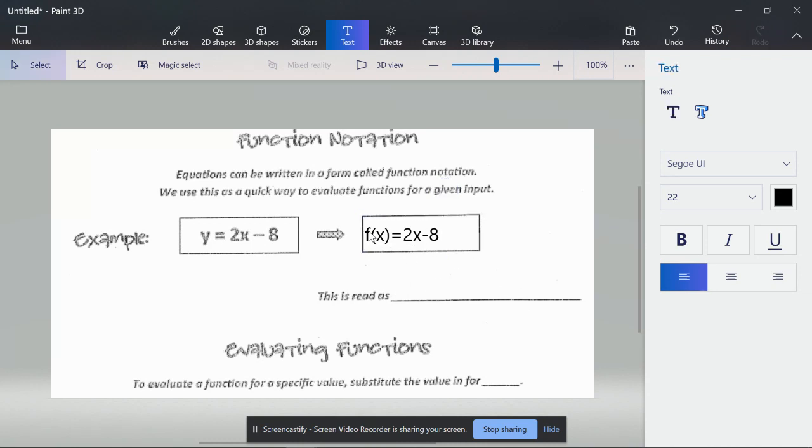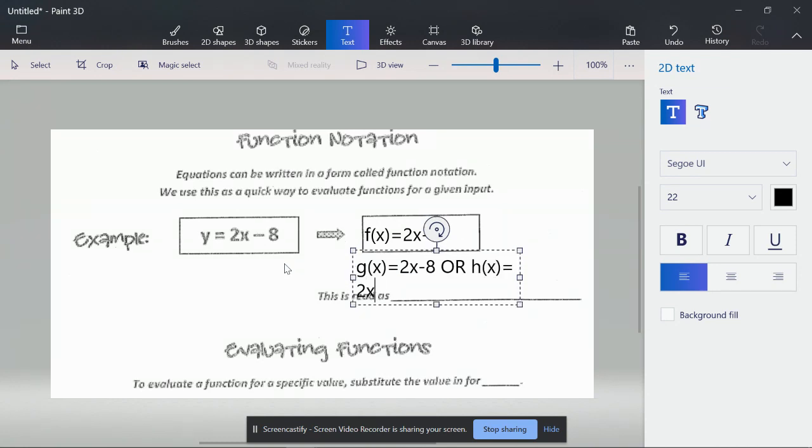Something that you will see is that we could also write it as g of x equals 2x minus 8, or I could write it as h of x equals 2x minus 8. So just so you guys are aware, it's not always going to be an f of x or a g of x. Usually they'll use different letters to show you different functions, which we'll see in the example video next.